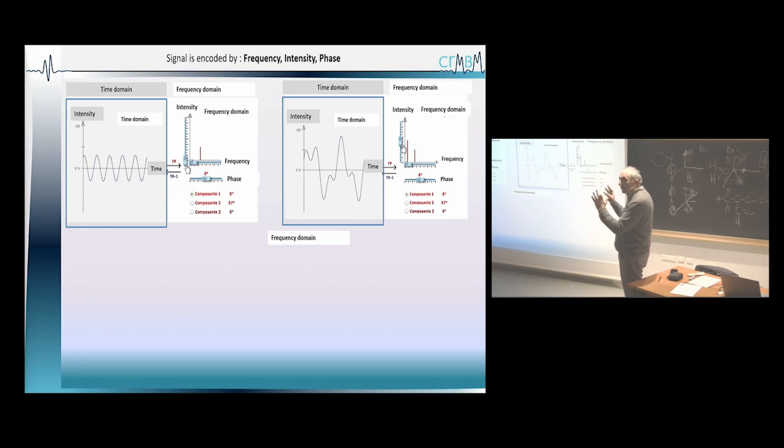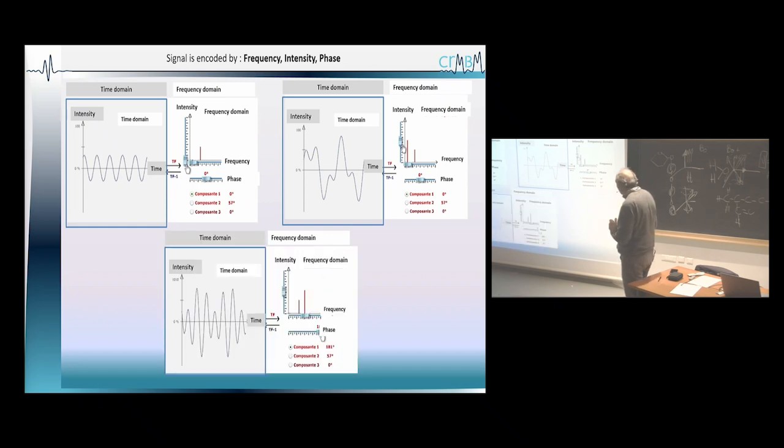Again, in here, you've got the information related to all the voxels. And then if you change the phase again, you're going to change this signal in the time domain. And if you do a double inverse Fourier transformation of this, you're going to get the image.